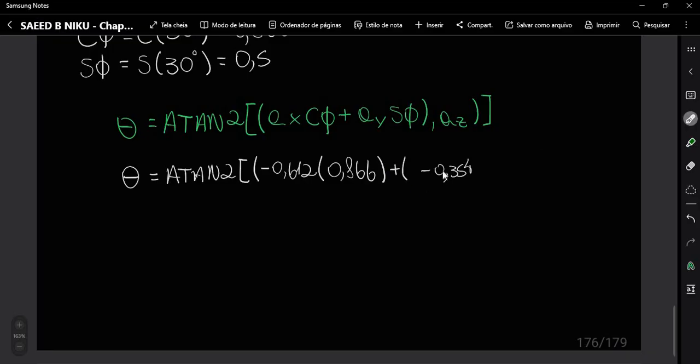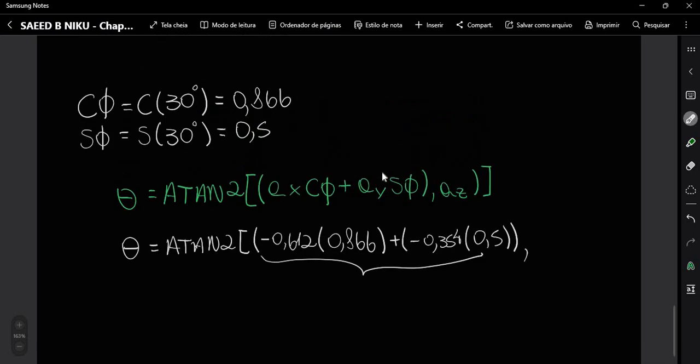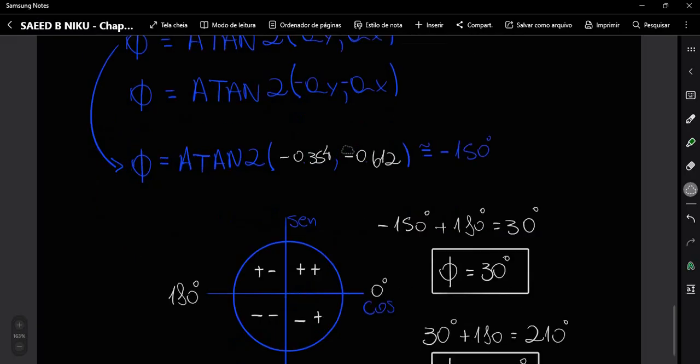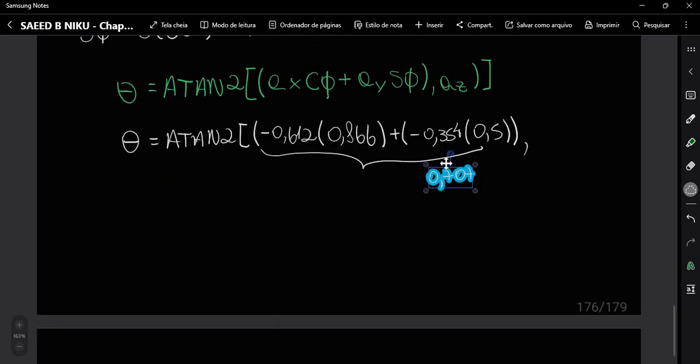We can even put between parentheses to work with the sine and times 0.5. And this is the first pair, and this is the other pair, which is AZ. And AZ is equal to 0.707, the second pair.